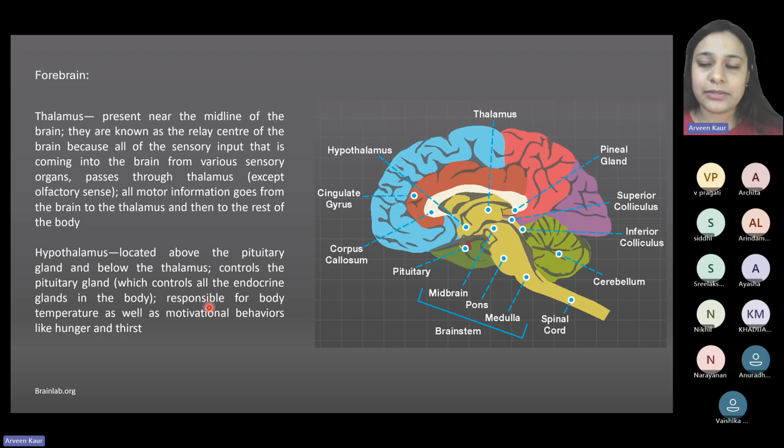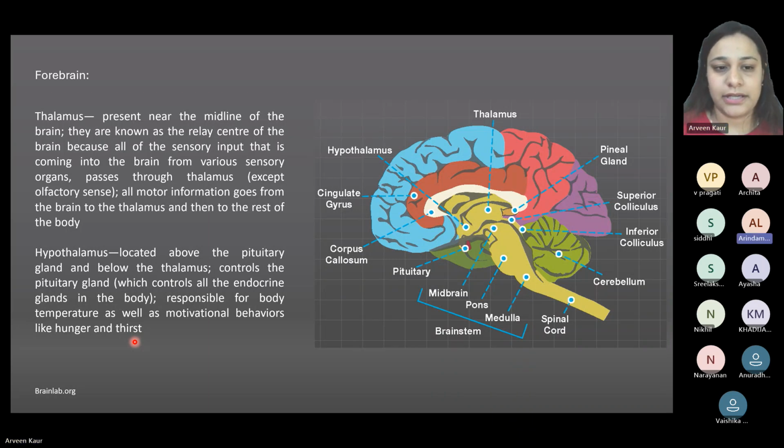And it will also be responsible for the body temperature as well as motivational behaviors like hunger and thirst. So the hunger center and the thirst center of the brain, these responses that our body is basically sharing is with the hypothalamus inside the brain, right?